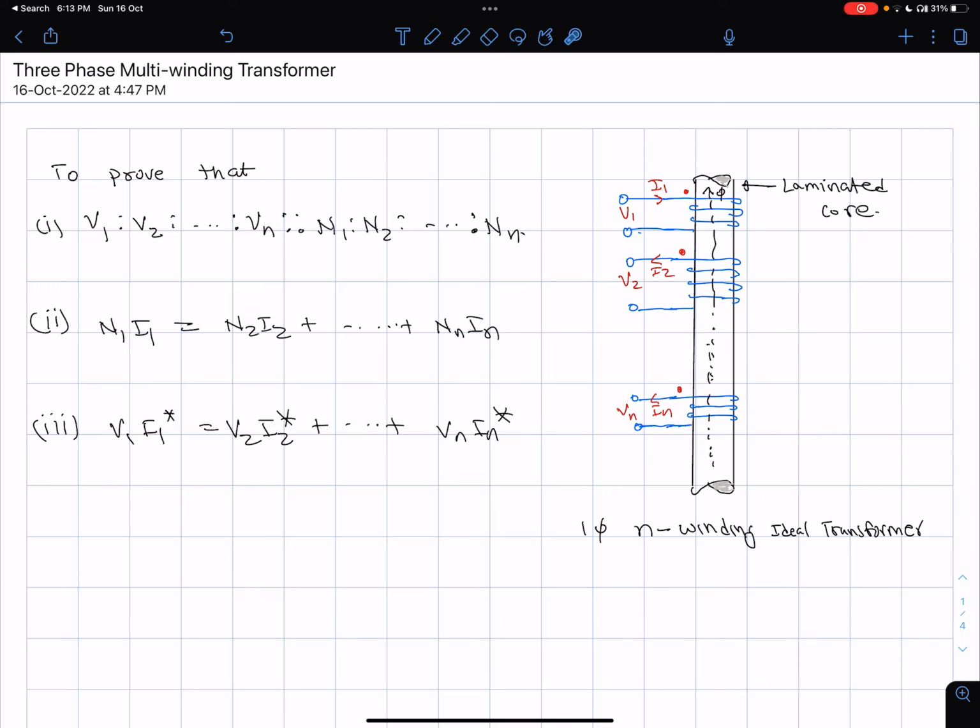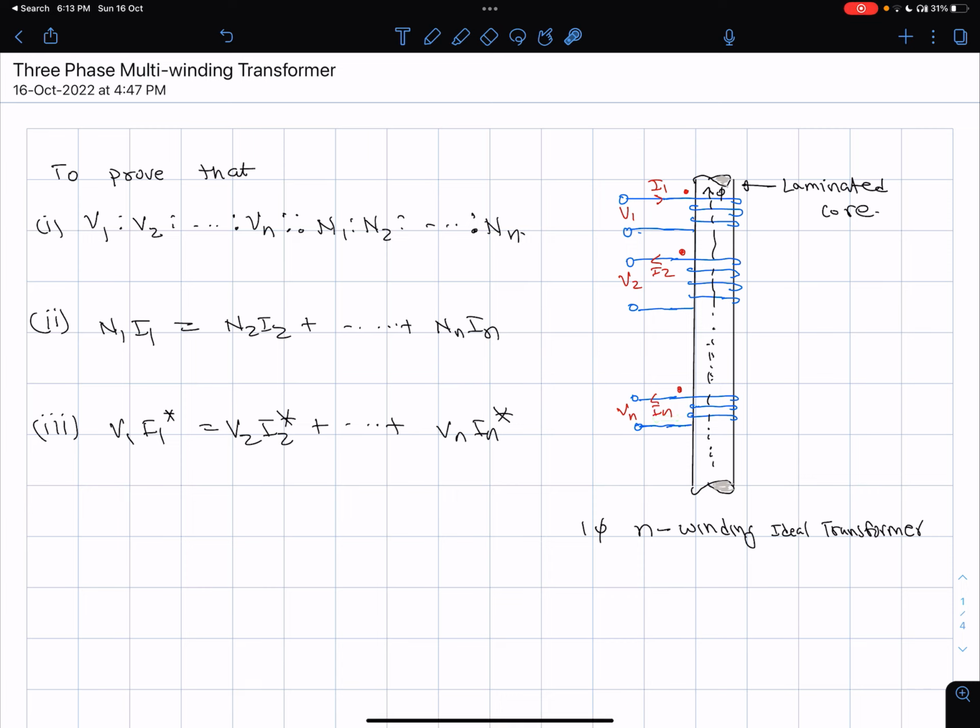Now look at it, I have also marked the dots of the polarities, and the windings are exactly identically wound. So the dots also appear in exactly identical locations, but the currents that I have shown, I1 is the entering current and I2 and so on up to IN are all coming out currents.